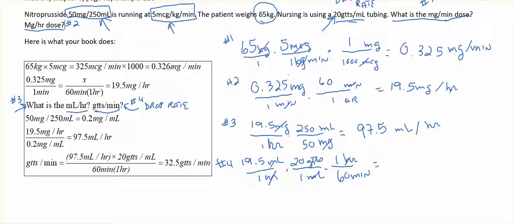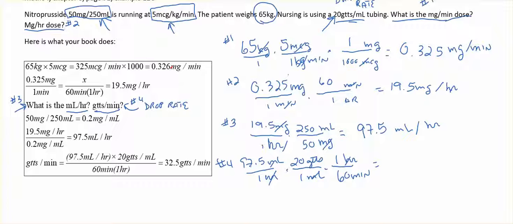Those guys are gone. Okay, so 19.5 times 20, or excuse me, I put the wrong number in here. That wasn't good. Let me go get my eraser. There we go. Oh boy. So 97.5.